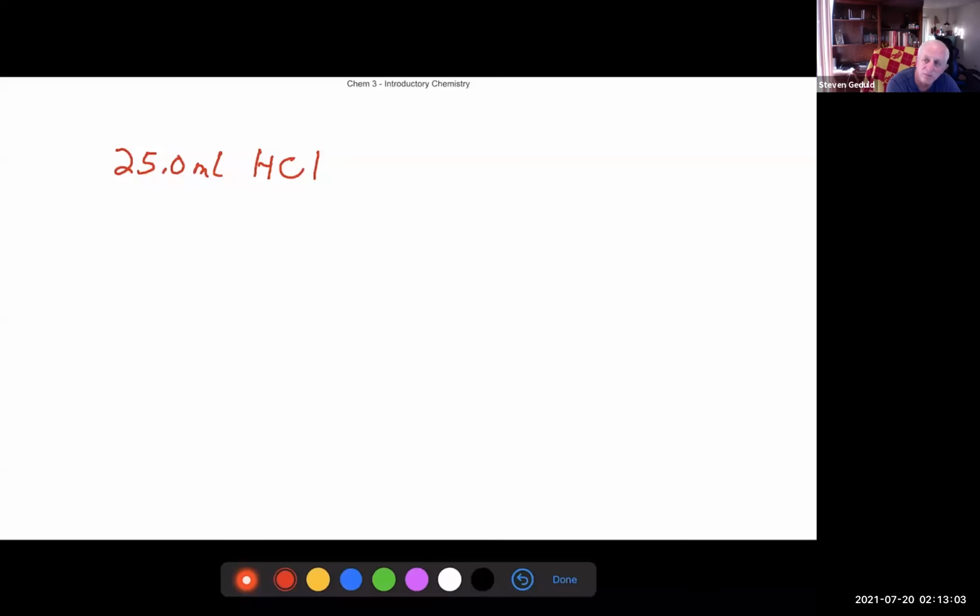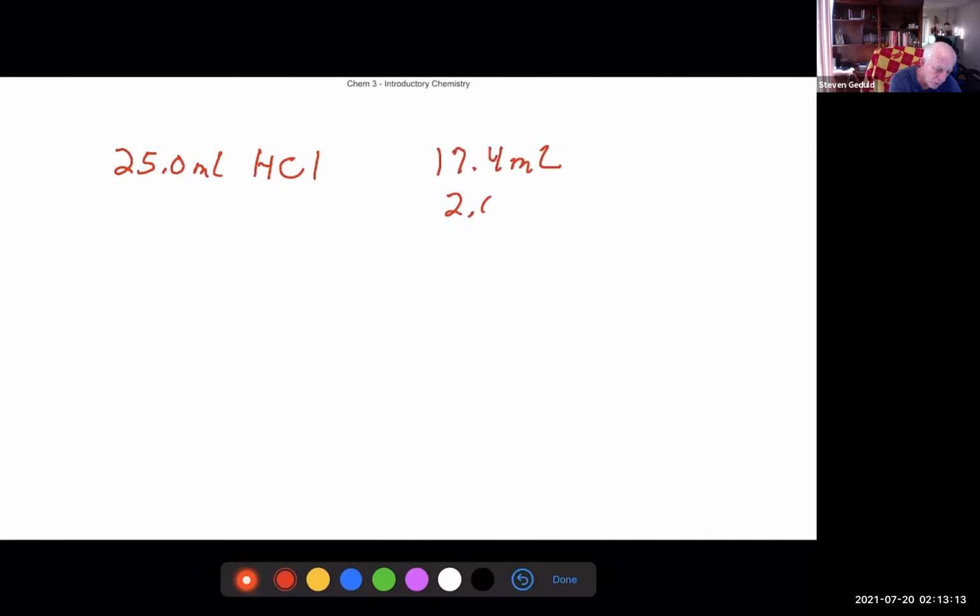Okay, so it says a 25 milliliter sample of hydrochloric acid is neutralized by a reaction with 17.4 milliliters of 2.00 molar sodium hydroxide.